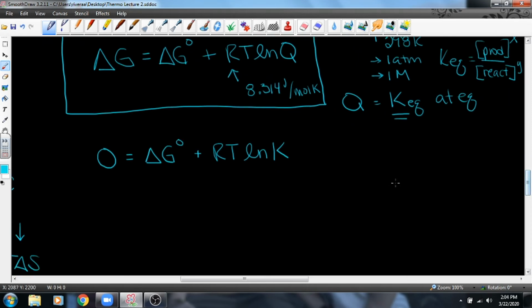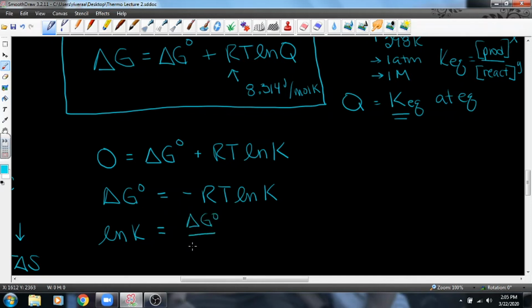If I want to rearrange this equation to solve for K, I could say that delta G naught is equal to negative RT ln of K. And now I want to solve for ln of K. Ln of K is going to be equal to negative delta G naught over RT.